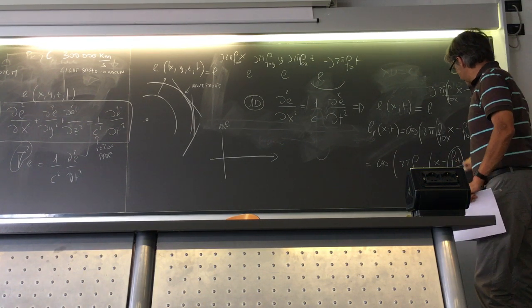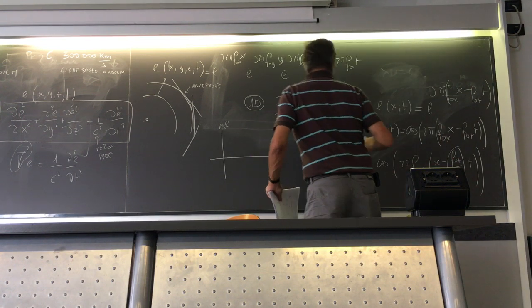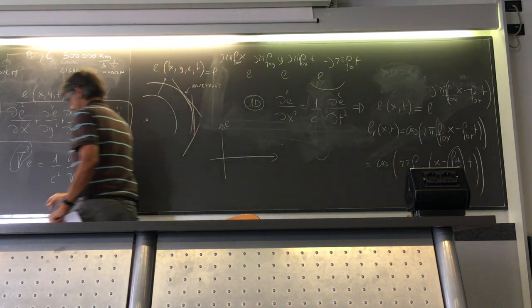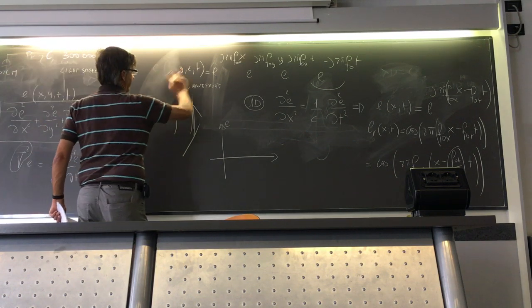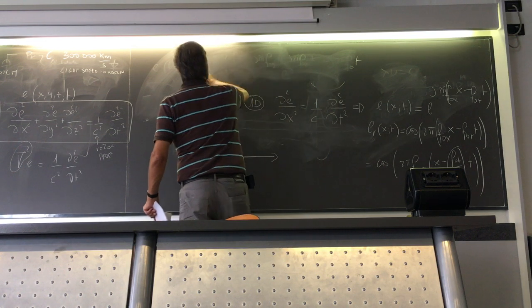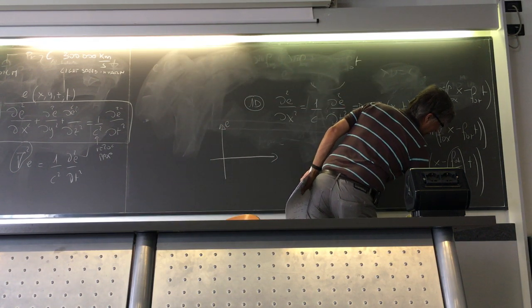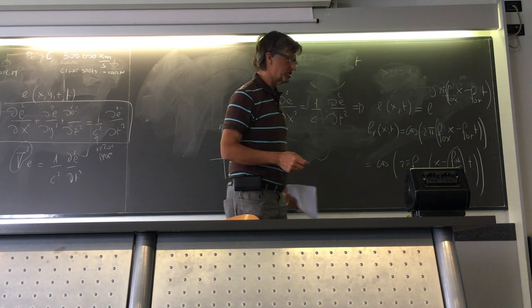So let us look at this. First of all, v actually is chi, if you consider the space.